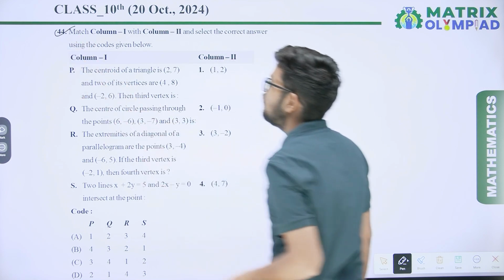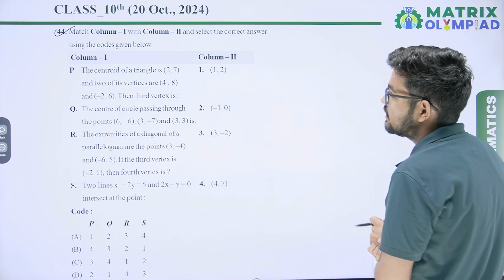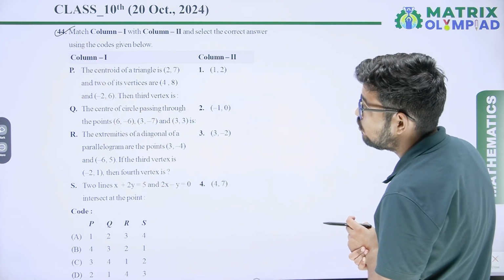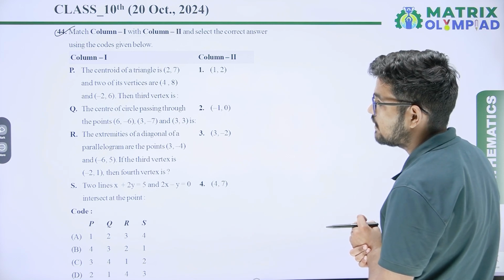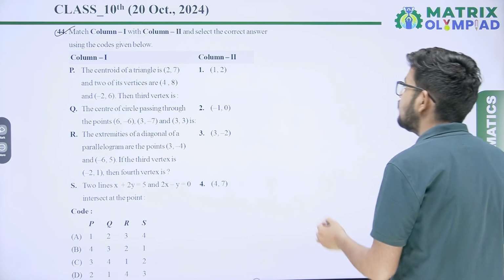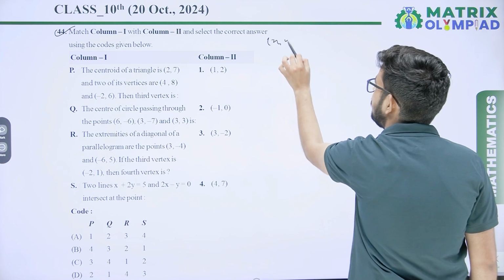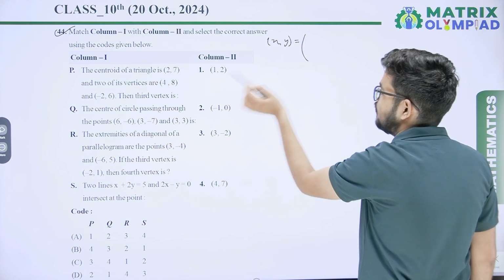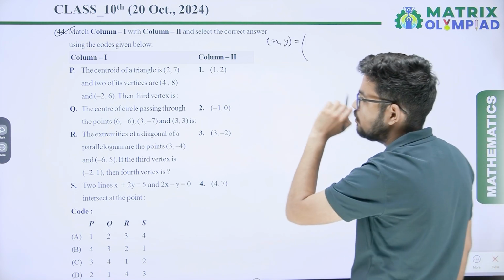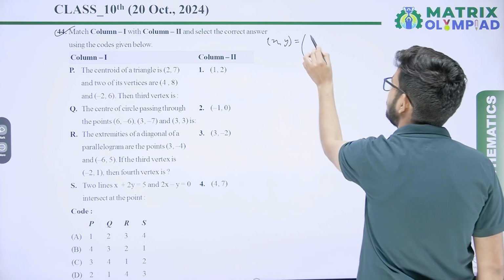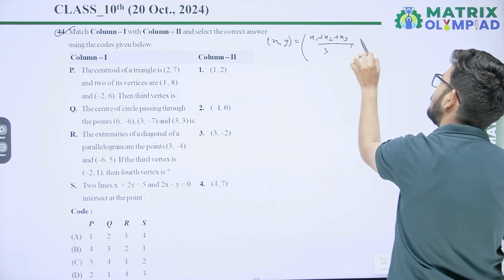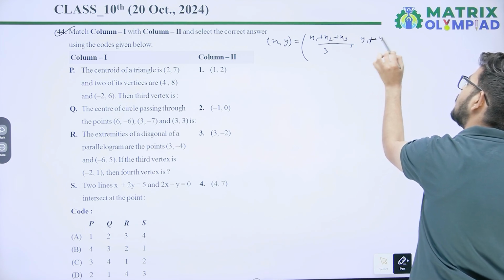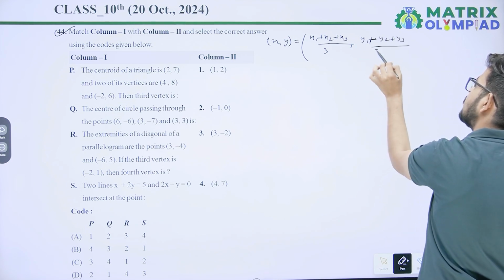Question number 44. P, the centroid of a triangle is 2, 7 and two of the vertices are 4, 8 and minus 2, 6, then find the third vertex. We know that the centroid is x, y and the vertices are x1, y1, x2, y2, x3, y3. Then it is x1 plus x2 plus x3 upon 3, y1 plus y2 plus y3 upon 3.